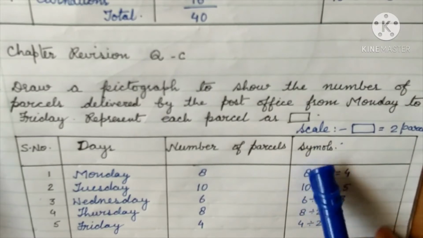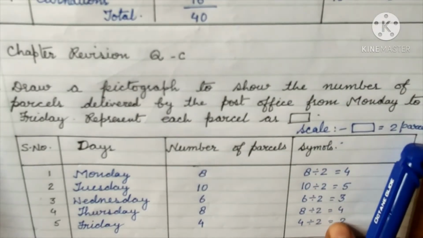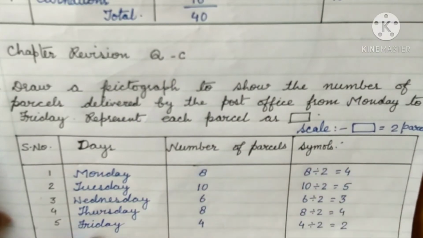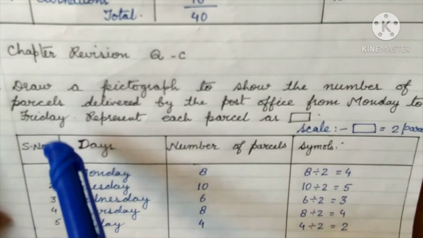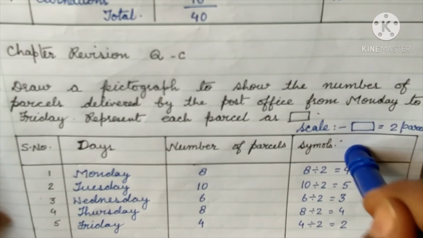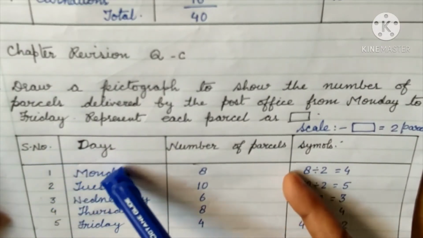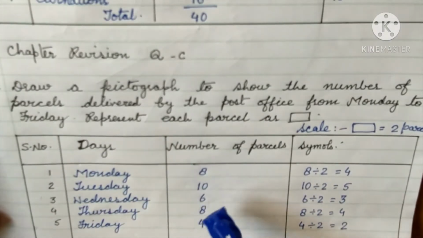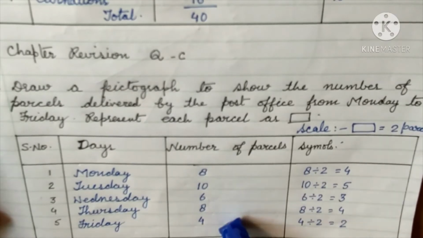So one rectangle represents two parcels. Now we will make the data as I explained in the first one. The first is serial number, days, number of parcels and number of symbols. The first is 1, Monday 8 parcels, Tuesday 10 parcels, Wednesday 6 parcels, Thursday 8 parcels and Friday 4 parcels.